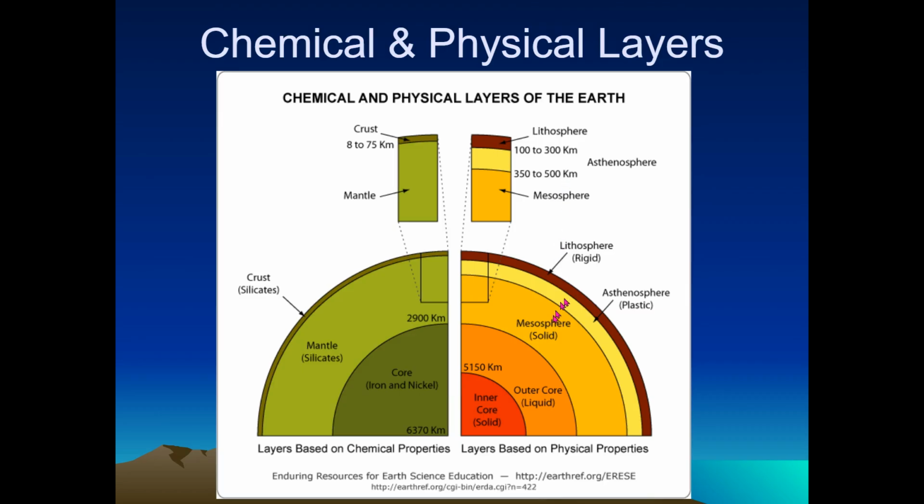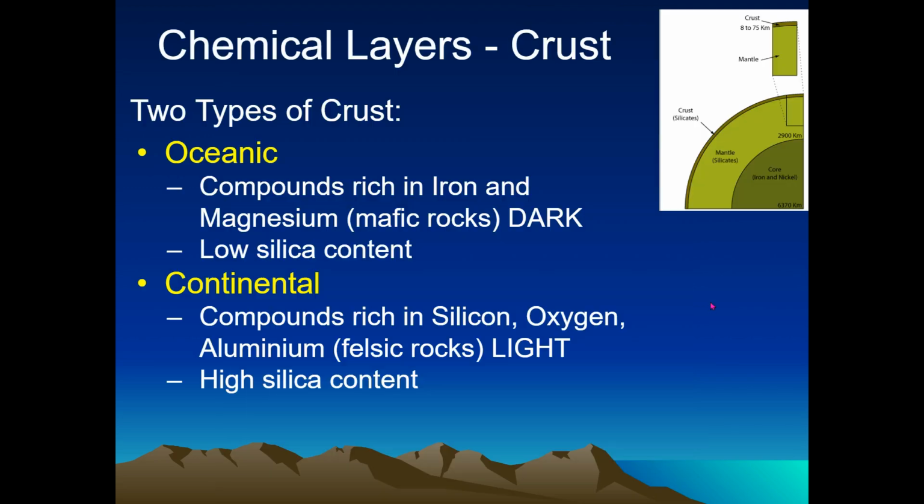And then on the physical side, you can see a quick guide here. We have 5 physical layers. So we go from the lithosphere, which is rigid, to the asthenosphere, which is more movable, and so on. So again, we'll define both of these and talk about each one.